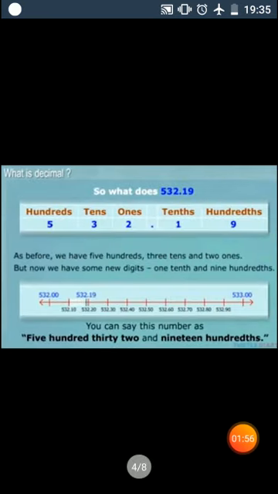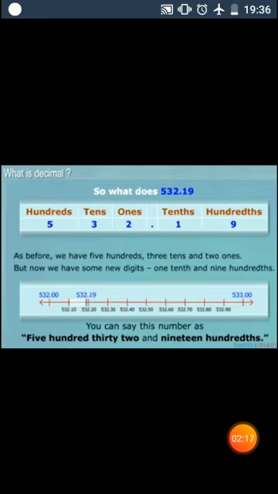So what? 532.19. Here the ones value is 2, the tens value is 3, the hundreds value is 5. That is before the decimal.